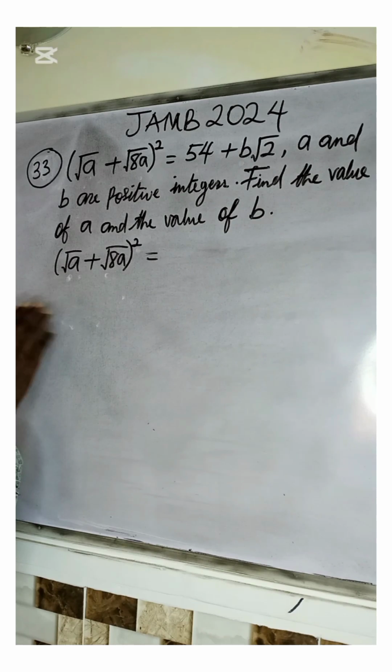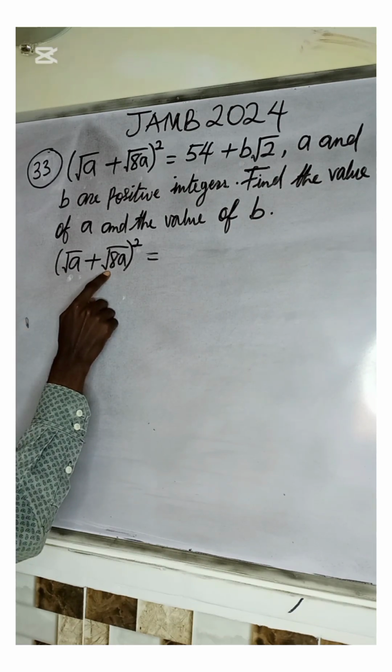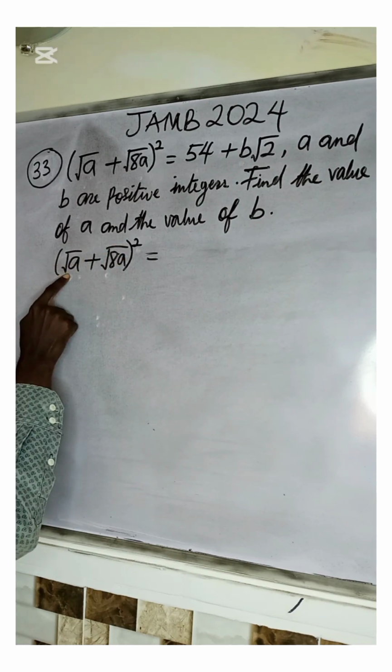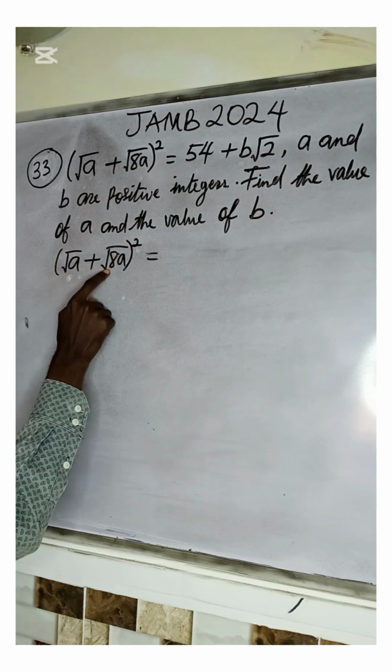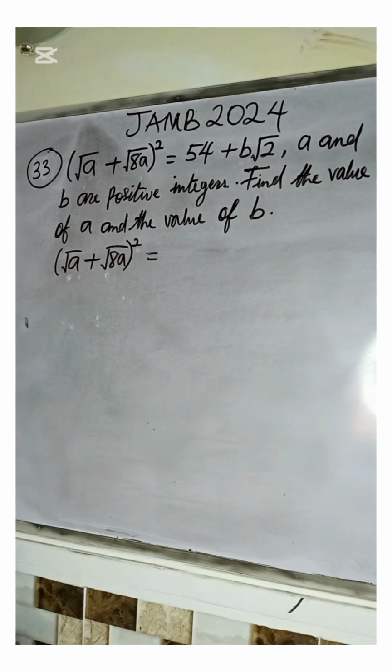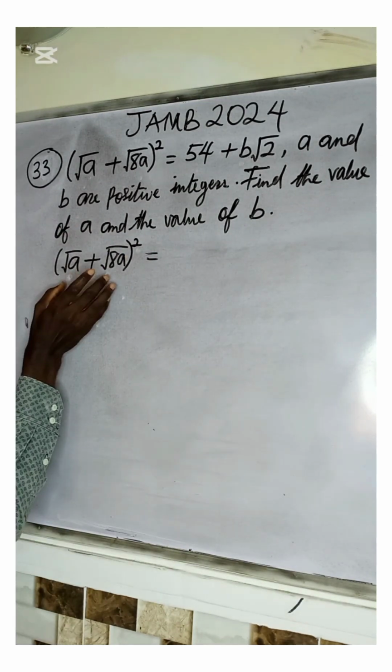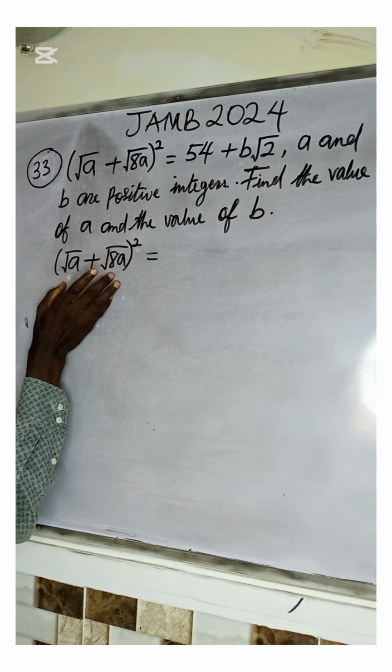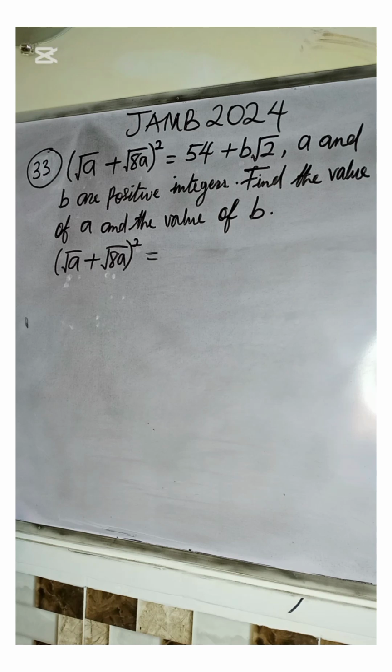That will be our middle term. Then lastly, you take the square of the last term. Square of first term, multiply every single thing you see here, then the square of the last term. That's how you simplify the square of a binomial expression.